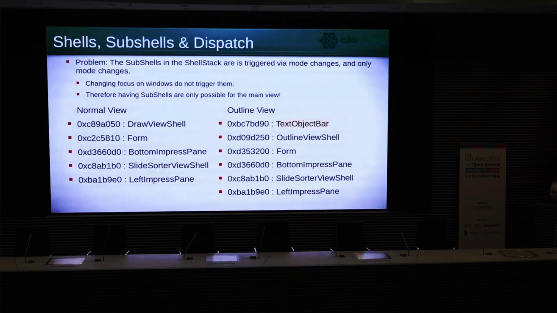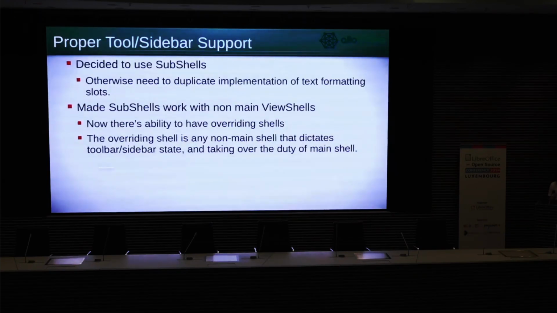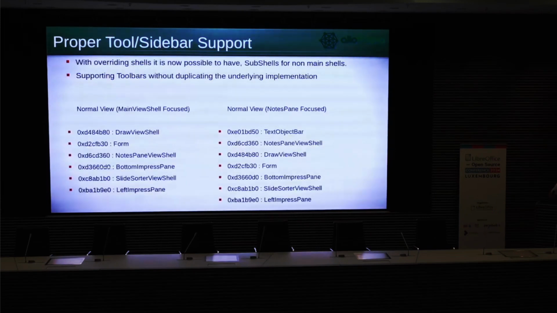That's not a mode change, that's just a focus switch. So there had to be some changes in how this was going to work. I decided to use subshells for their portability and to avoid duplicating the implementation, but it only worked with main shells.